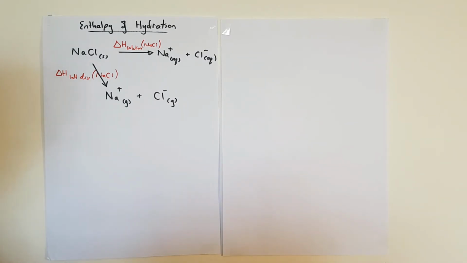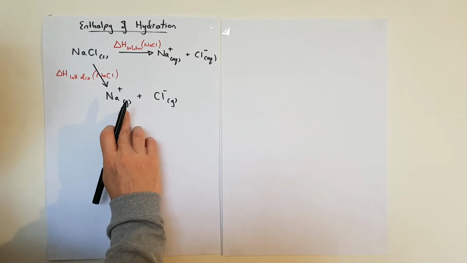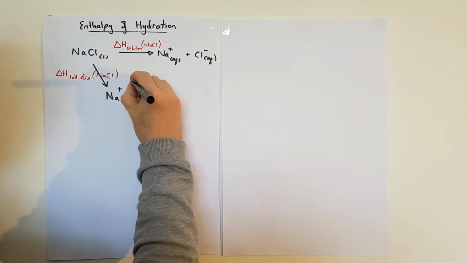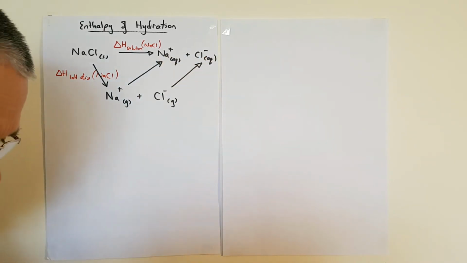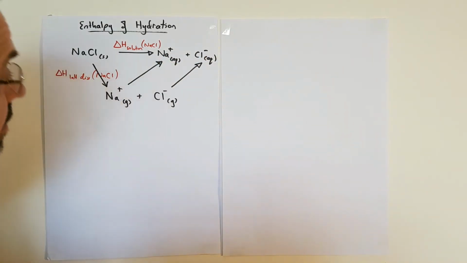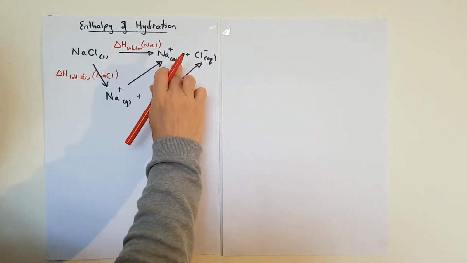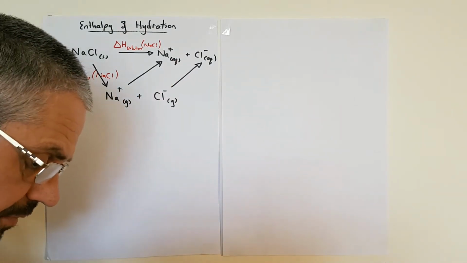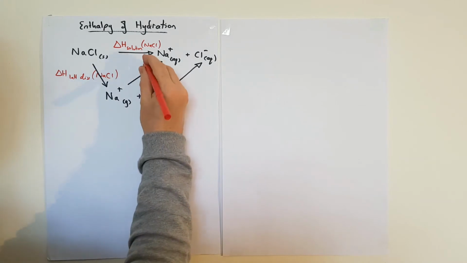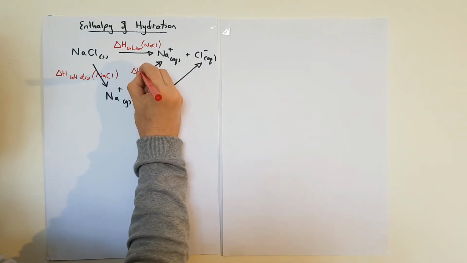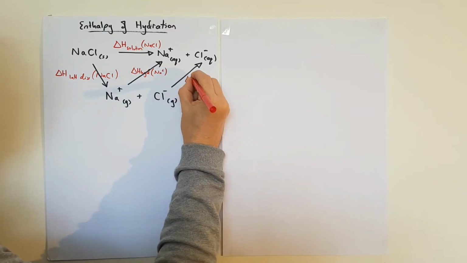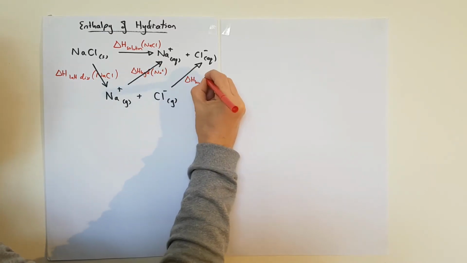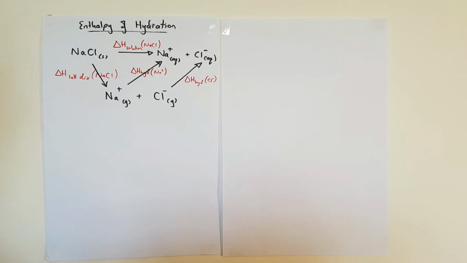And now we can look at the amount of energy released if we turn each of those gaseous ions into aqueous ions. So that's the hydration enthalpy there. So that will be the hydration enthalpy of sodium, and this will be the hydration enthalpy of chloride.